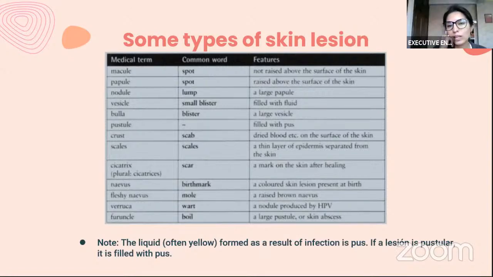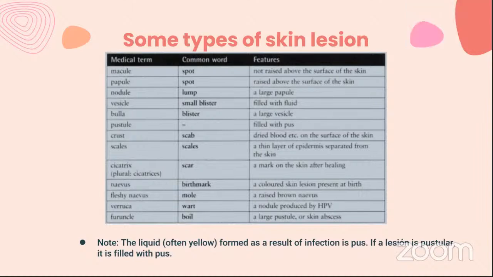Okay, thank you. And the next 5, please, Liz. Sure, teacher. Pustule, there is no common word. Features: filled with pus. Crust, common word: scab. Features: dried blood, etc. on the surface of the skin. Scales, the common word is scales too.